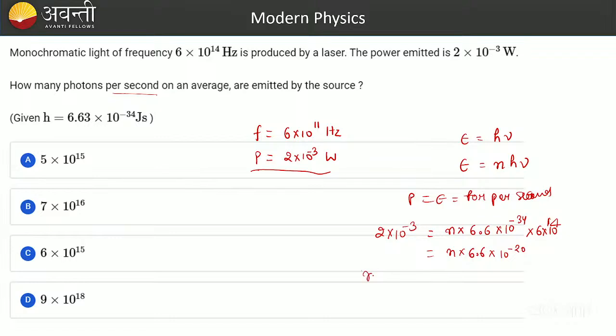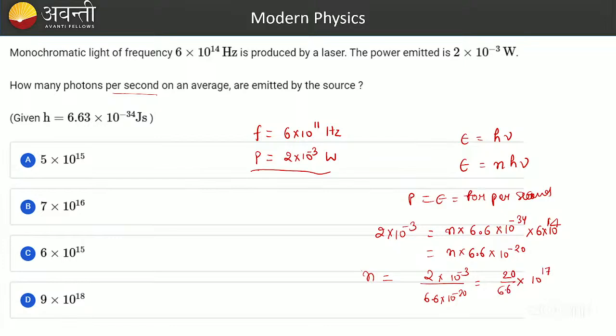Now, n is equal to 2 into 10 raised to the power minus 3 divided by 6.6 into 10 raised to the power minus 20. This will become 2 by 6.6 into 10 raised to the power 20 minus 3, because the 20 will come up, so it becomes positive. 20 minus 3 will be 17. Now we can also remove the decimal here.